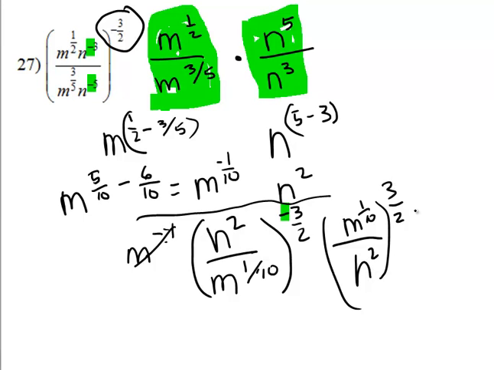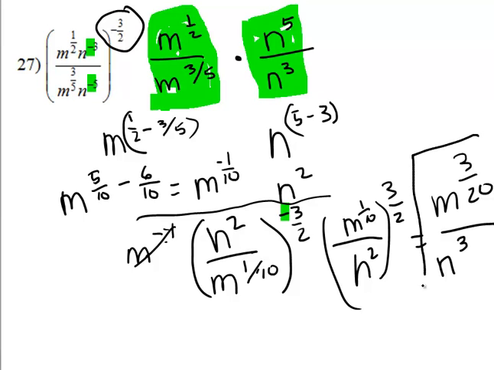Because there's a parentheses, I get to multiply. So this will be m to the 3/20 over n, and 3 times 2 is 6, and 6 divided by 2 is 3, or you could just say the 2's cancel. So it would be n to the third. And that's your final simplified answer.